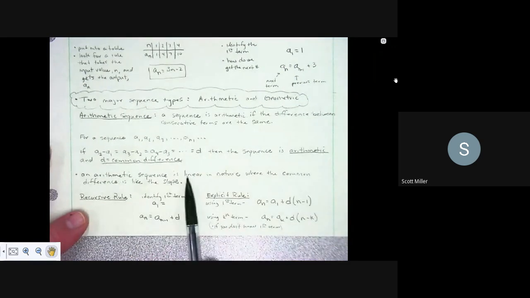Okay? You'll notice that this thing right here looks very similar to y equals mx plus b. That's because arithmetic sequences are linear in nature, and the common difference is kind of like the slope. So the recursive rule is the first term, identify it, and then the next number is the previous answer plus the common difference, which is what we had right up here.